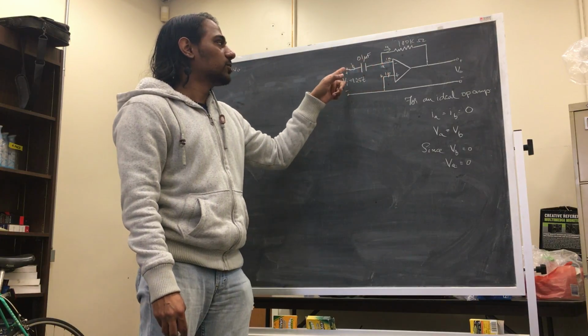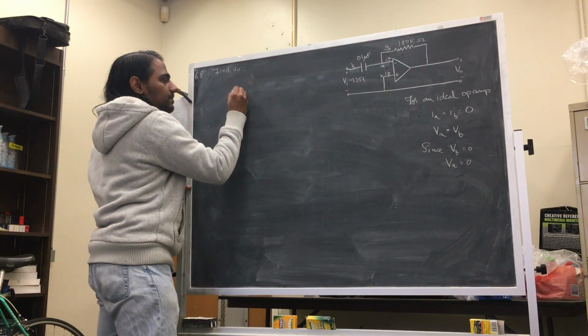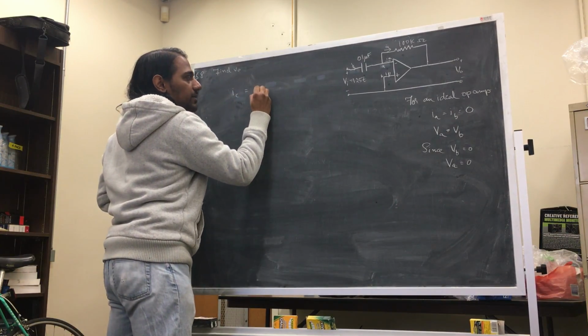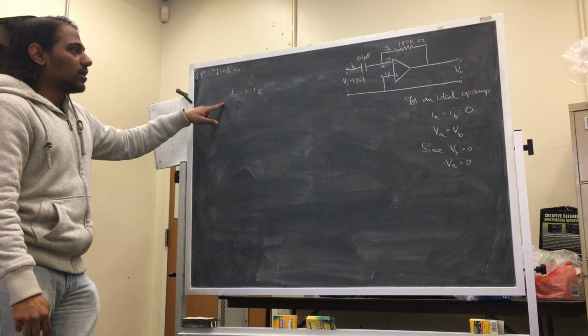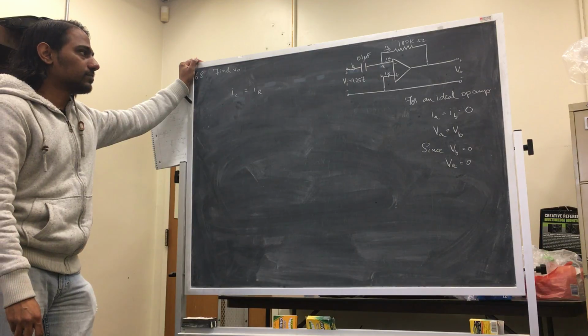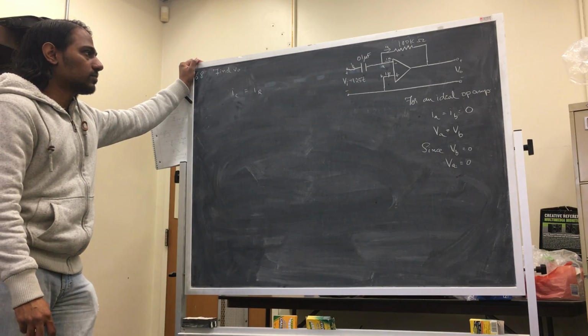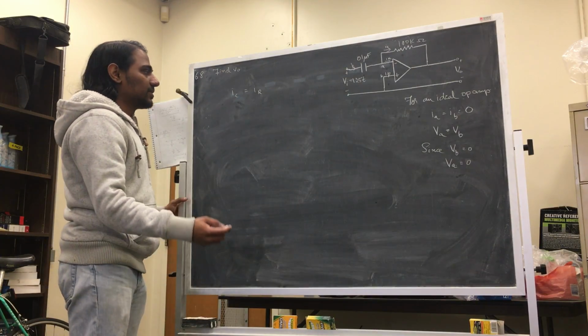IA would be 0, so IC would be equal to IR. Since IC is equal to IR, you get this equation. You just have to calculate what IC and IR are.